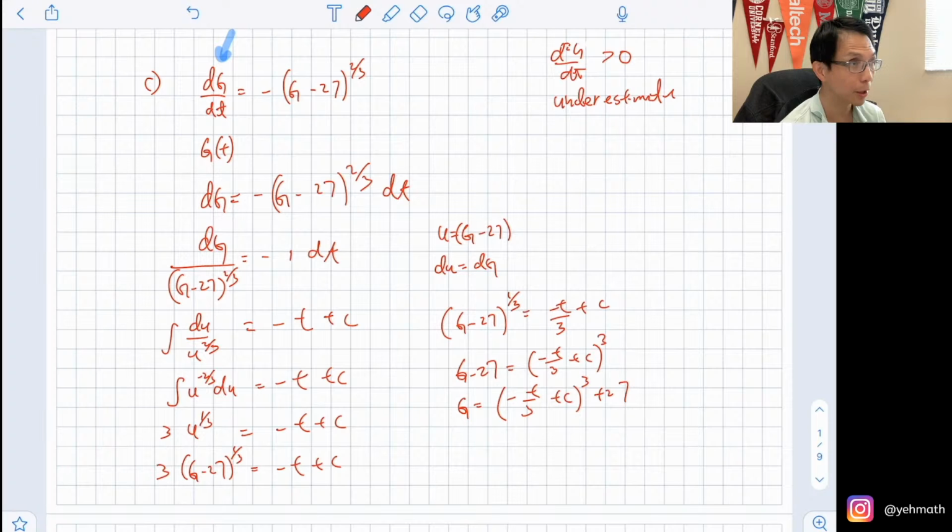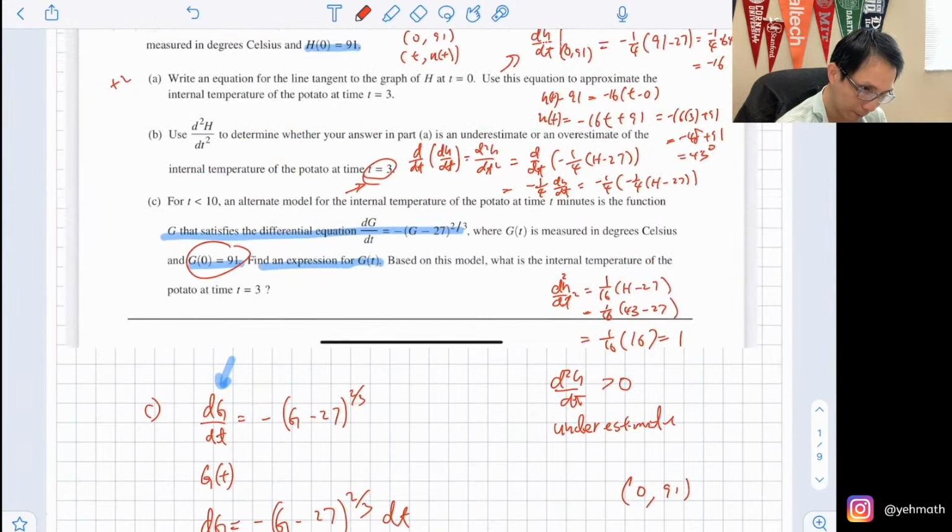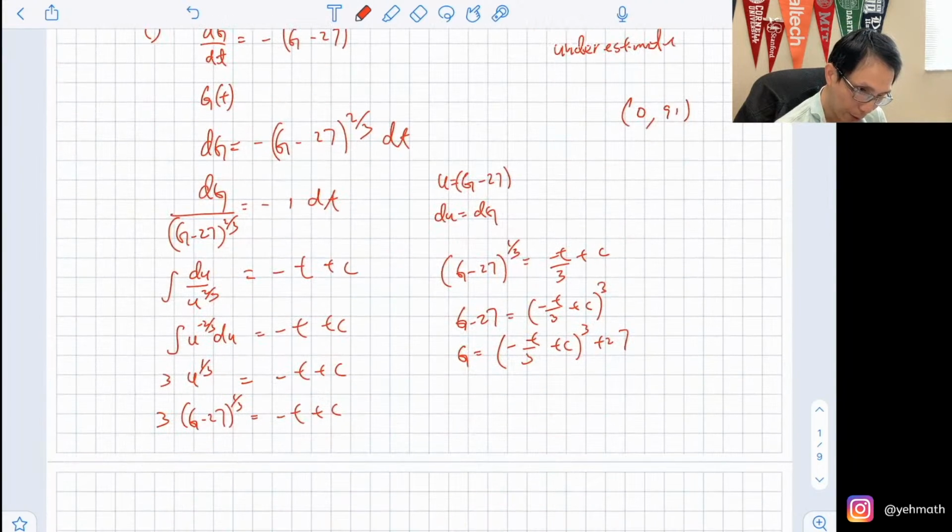What's the initial condition here? g(0) equals 91, right? According to the question, which is right here. So 91 equals g at 0.